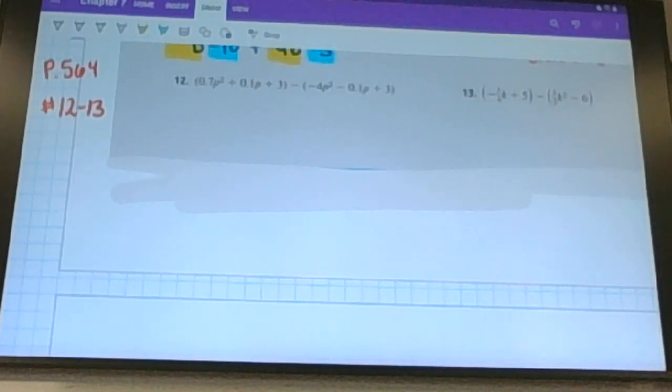660. Alright, let's go ahead and do this first one. Decimals, exponents, subtractions. Okay, this is page 564. We're going to work this first problem out. Alright, so we're going to stack this vertically.